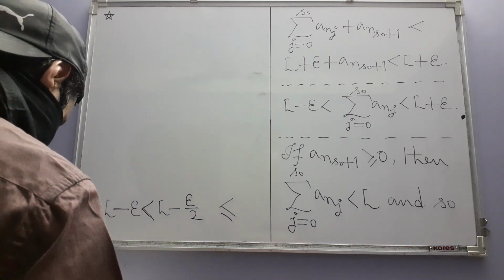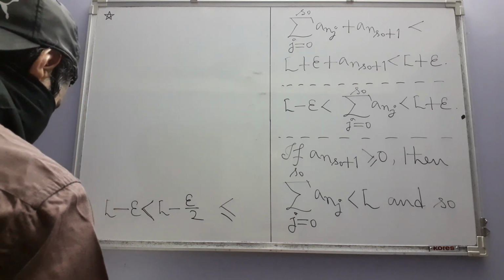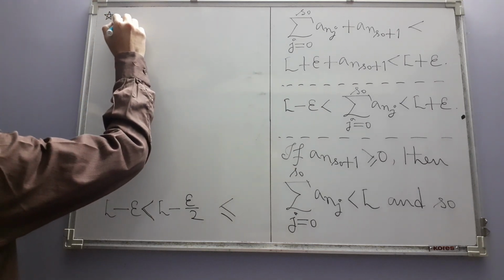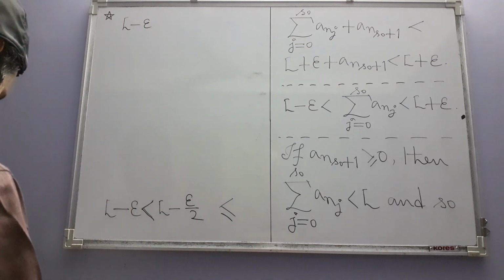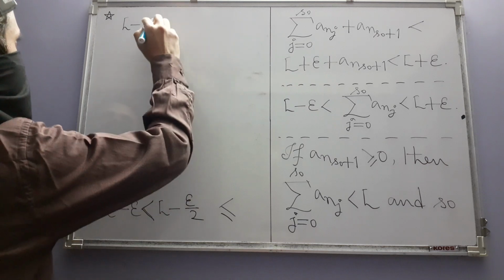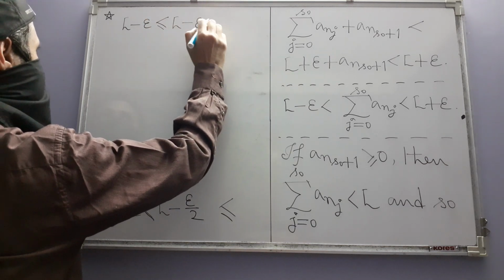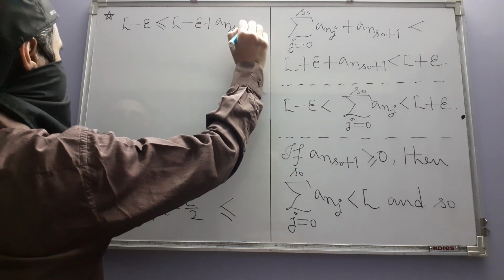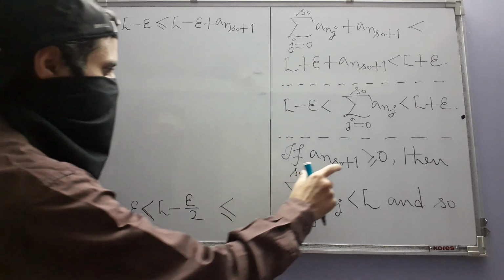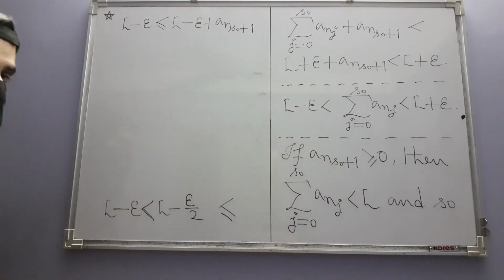So what have I written here? And so we have, again I start with L minus epsilon, and this is less than or equal to L minus epsilon plus a n s naught plus 1. Note that now this is not negative, now this is non-negative, so that's why we have this inequality.